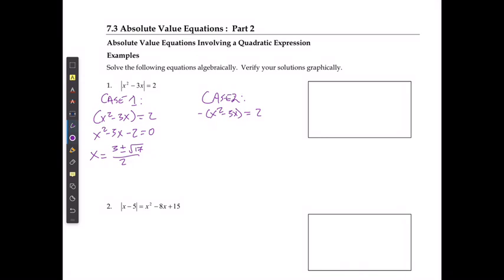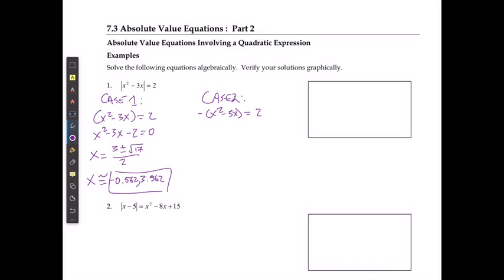I can take the positive or negative version of that, so 3 plus root 17 over 2, or 3 minus root 17 over 2, and find that x is going to be approximately negative 0.562 or 3.562. Now I'm just going to use these values to verify graphically with my calculator.